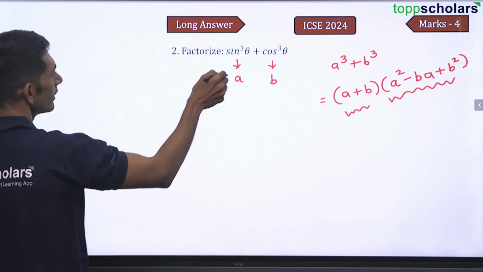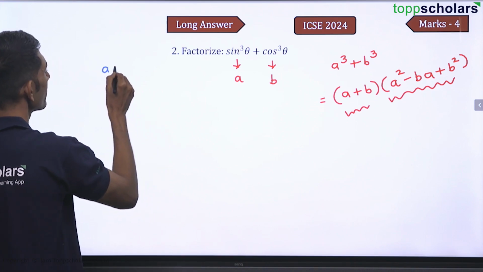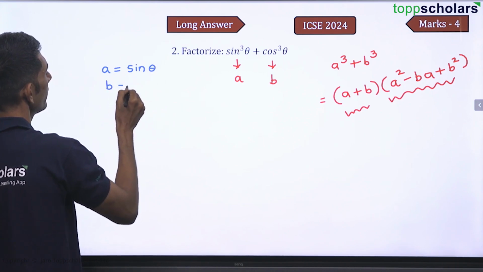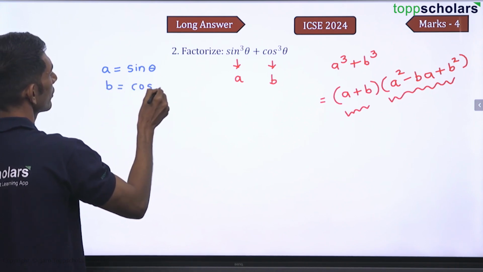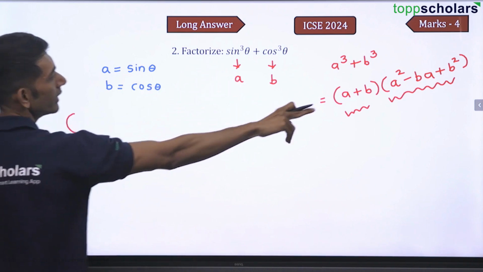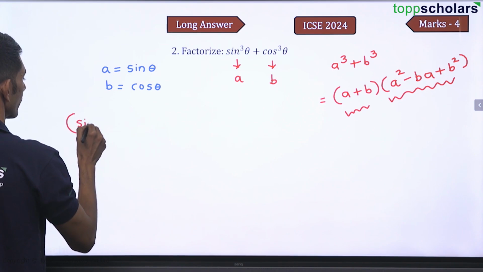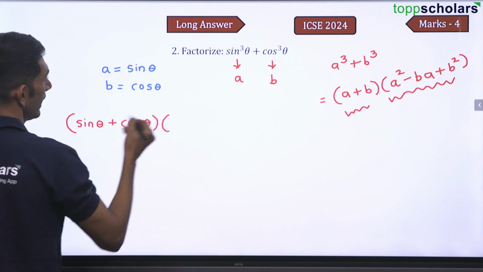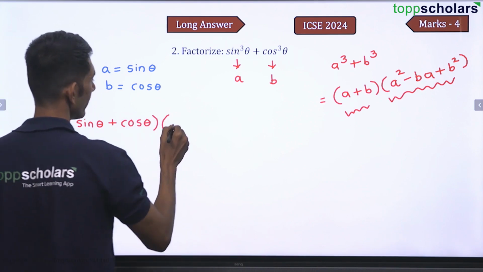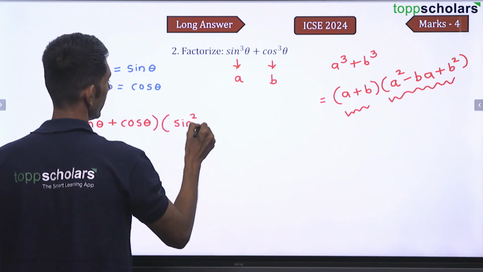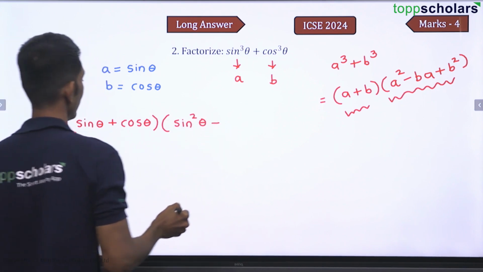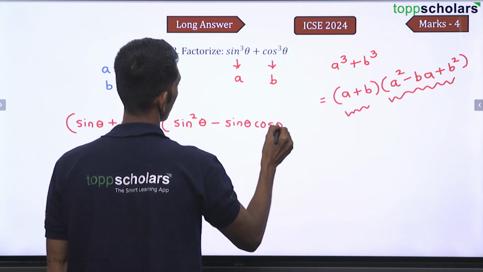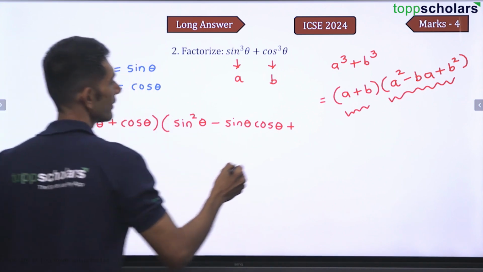So here A is sine theta, right? So A is sine theta and B is cos theta. So this is A plus B, that is sine plus cos. And then you have A square, that is sine square theta, minus AB, that is sine theta cos theta, plus B square, that is cos square theta.